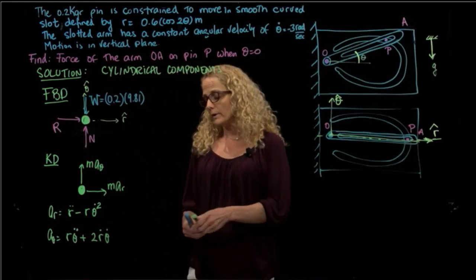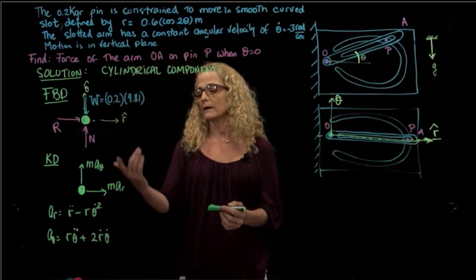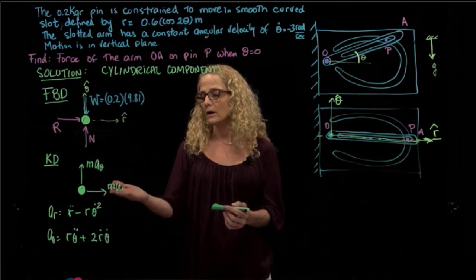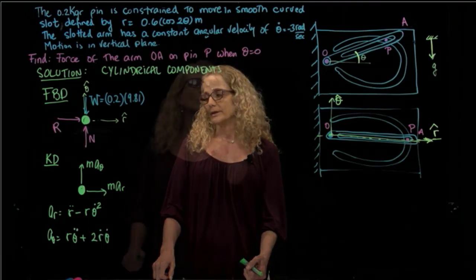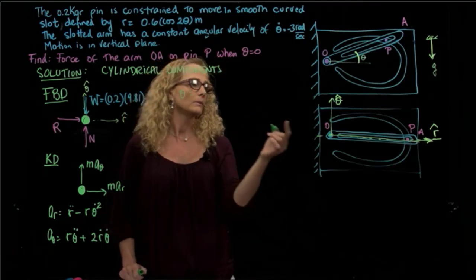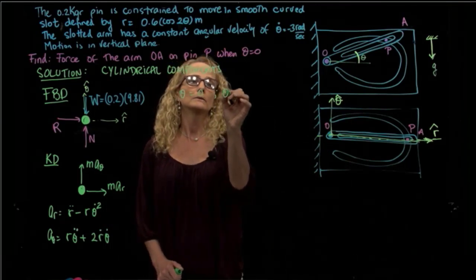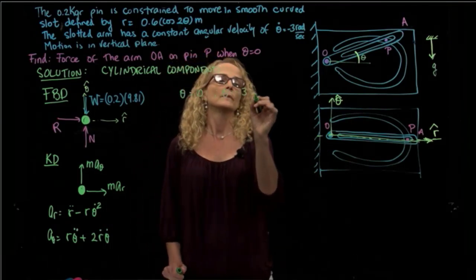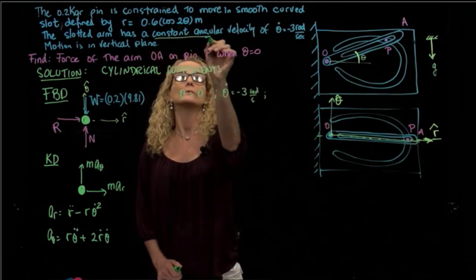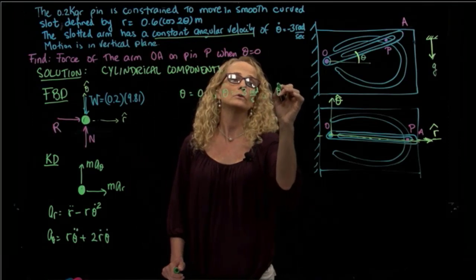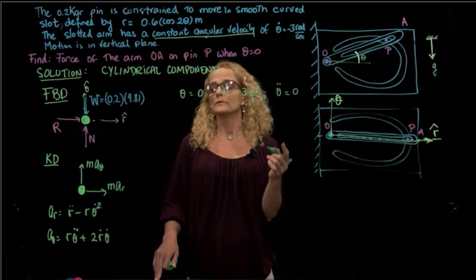So before we do our equations, we have to find how much is θ dot, θ double dot, r, and all the components to calculate our acceleration. We were told that θ is equal to 0, and that θ dot is equal to -3 radians per second. We were told that it's a constant angular velocity, so we know that θ double dot is equal to 0.